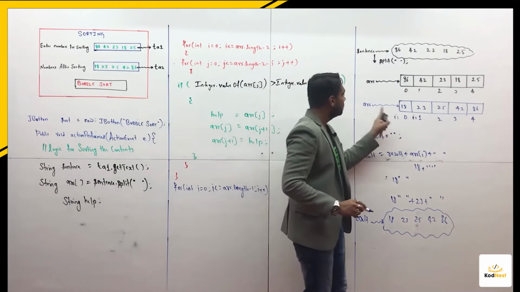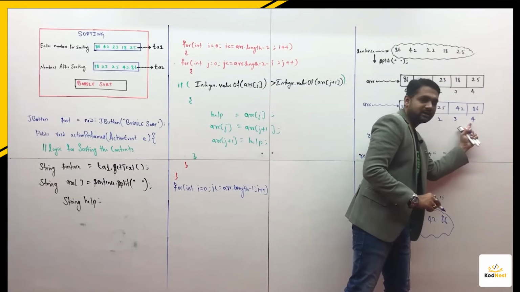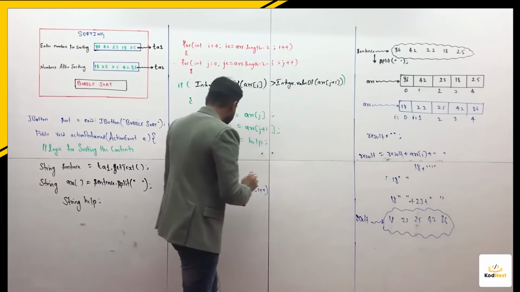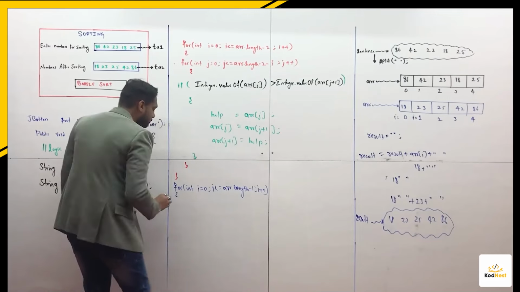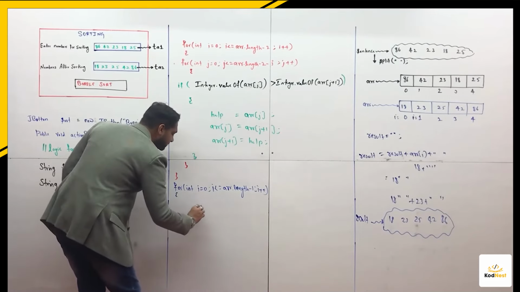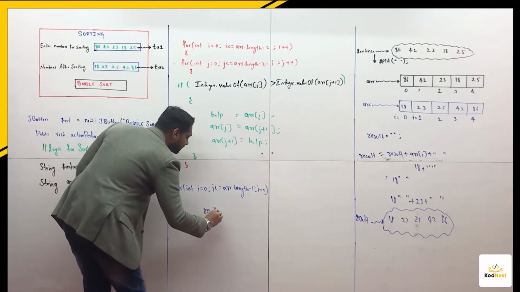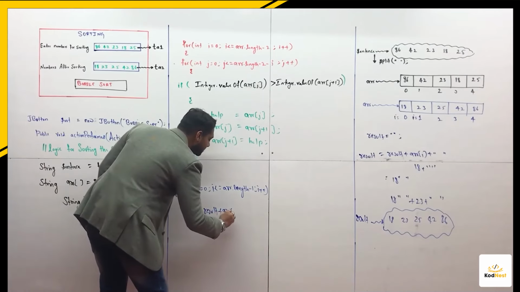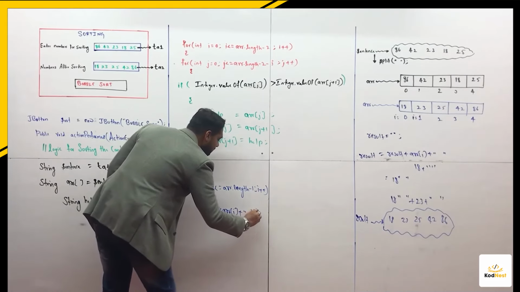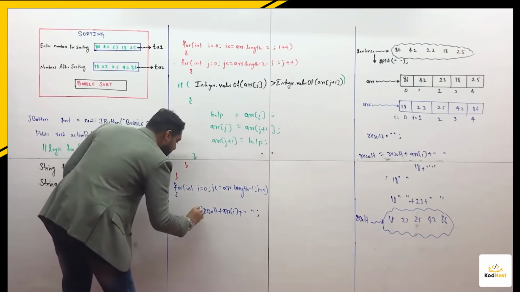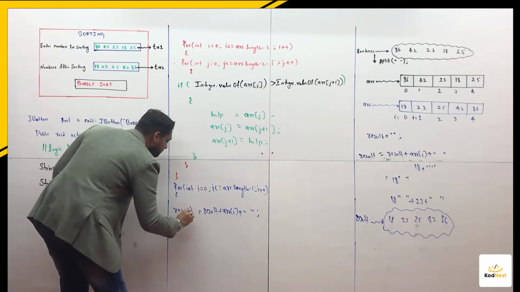Correct. Start from 0, go until array dot length minus 1, until 4, I plus plus. Every time, take result, add whatever is there in array of I plus one space, and store whatever you get in result.